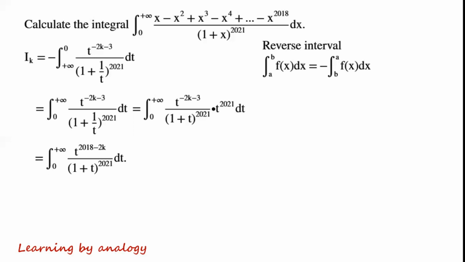which is equal to the integral over the interval from 0 to positive infinity of t to the power of 2018 minus 2k over 1 plus t, all to the power of 2021 with respect to t.